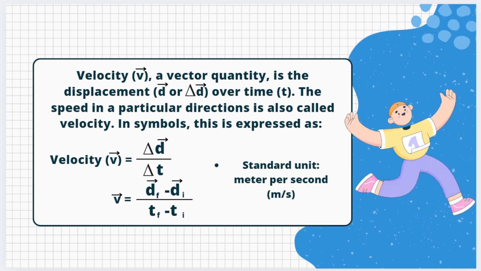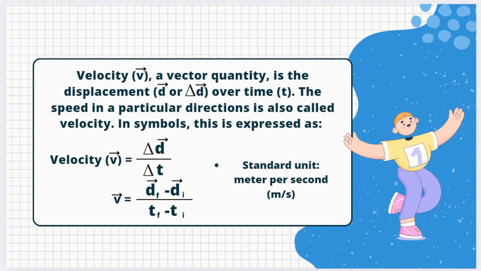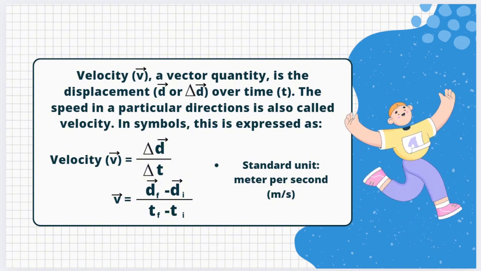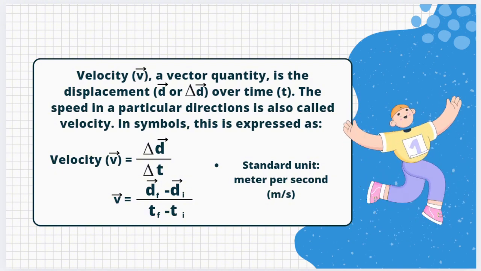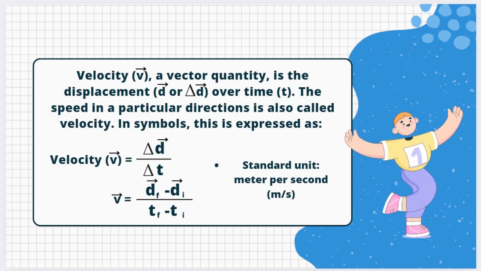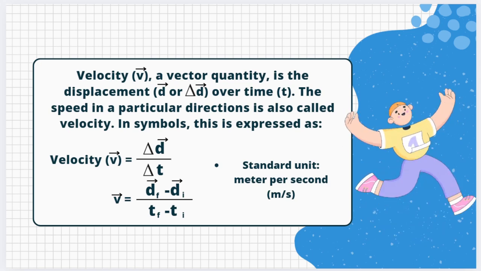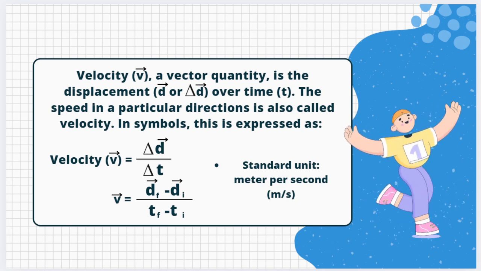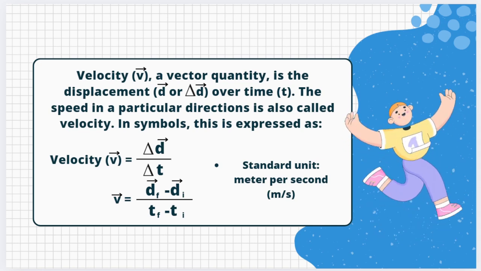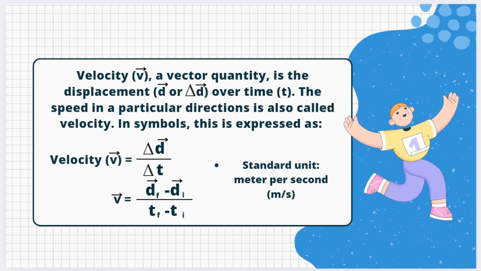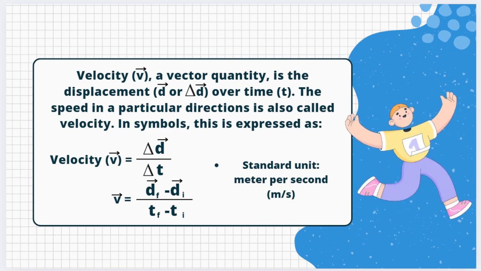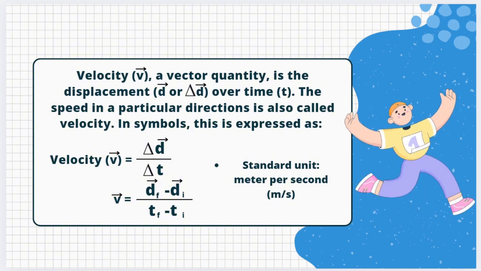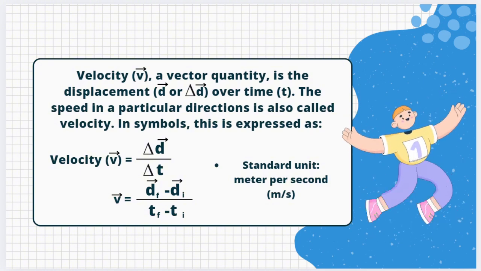Whereas velocity is a vector quantity. So this time, instead of distance divided by time, you have displacement over time. Since displacement is a vector, then velocity would also be a vector. Medyo marami lang arrows po dito sa ating mga symbols, but that only gives us an idea whether a quantity is a scalar or a vector.